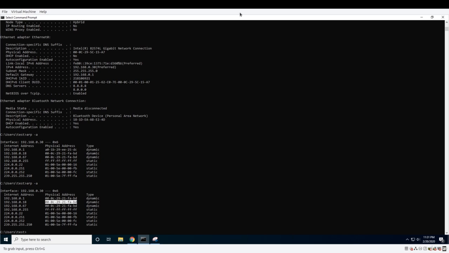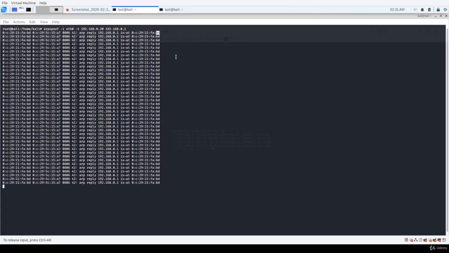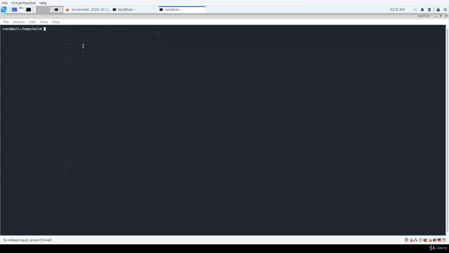So we are now tricking the victim machine into thinking that we are the router, and the victim machine is sending packets to our machine. Now we have to do the same process on the router side. We will try to spoof the router into thinking that we are the victim machine. So I'm going to go over to Kali Linux and start a new terminal.